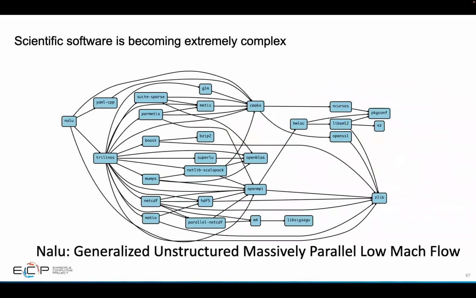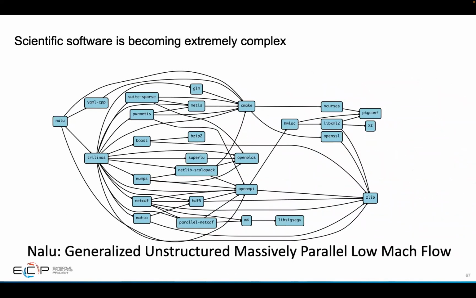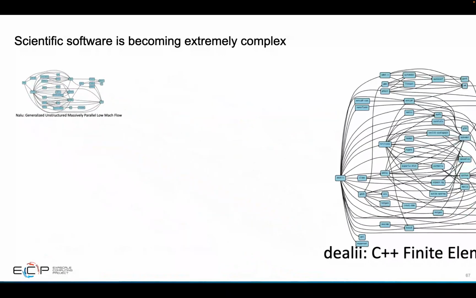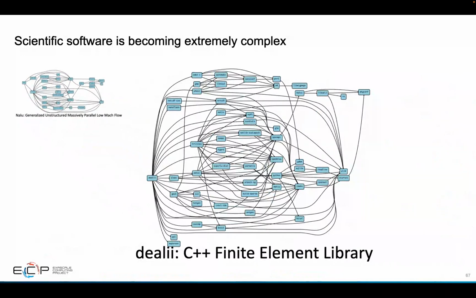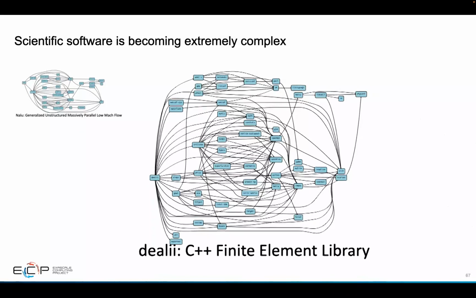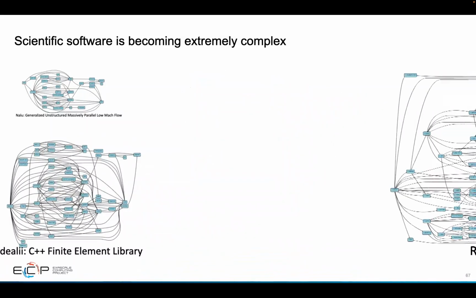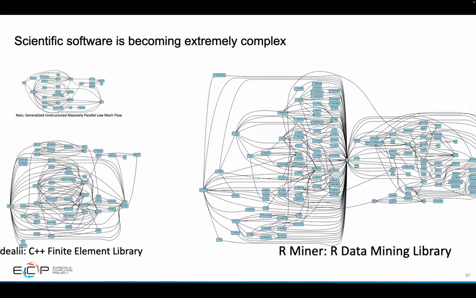Okay, here is a dependency tree of Nalu, a Nalu CFD application. And you can see that Nalu depends on Trilinos, it depends on Boost, and all of these tools. Here is another graph for the deal.II FEM package. And there is R Miner, and you get the idea.